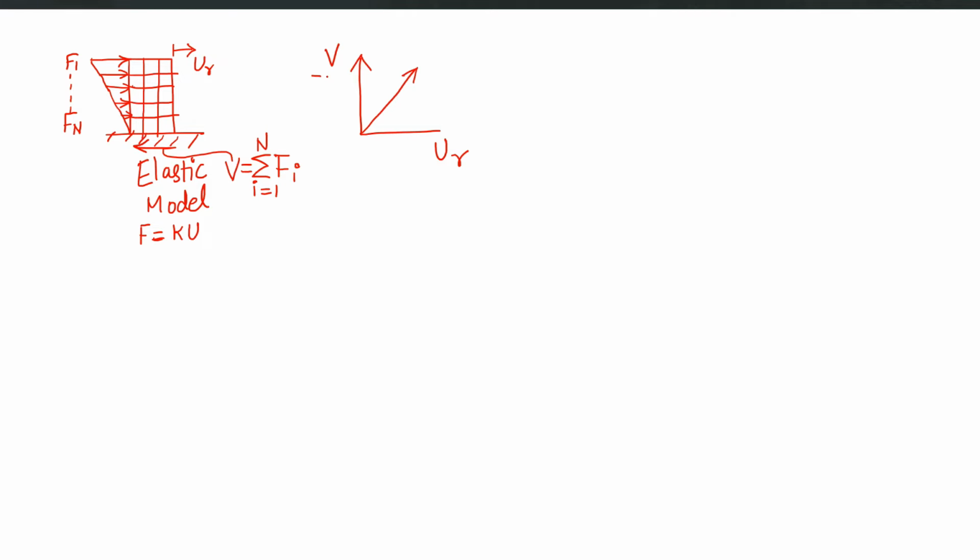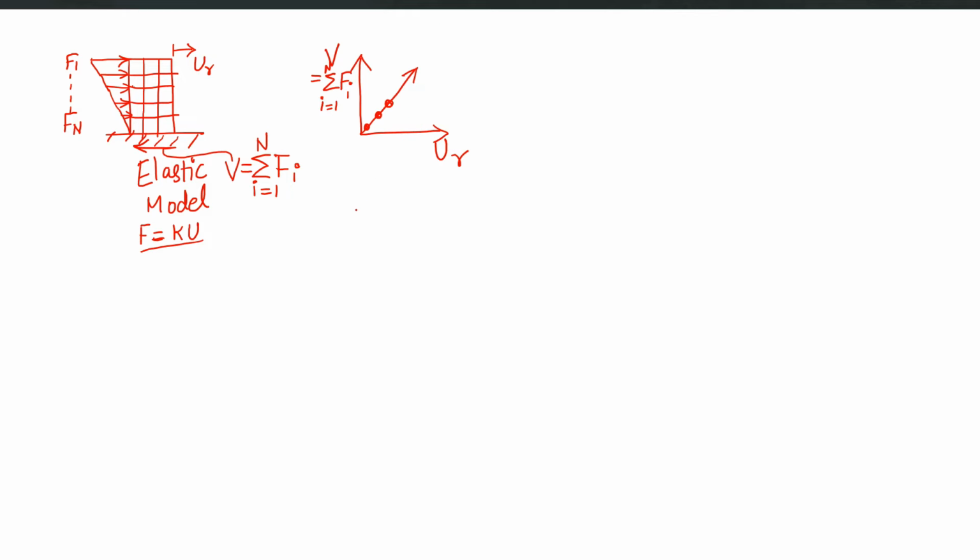So V is equal to the summation of Fi, i equal to 1 to n. The total of all the applied forces is on the y-axis, and the resulting roof displacement is on the x-axis. I start with a very low value, apply an increment to the forces, and I get this point. I apply another increment, I get this point, and this will be a straight line forever because our structural model is elastic, following F = Ku, so a linear relation forever.